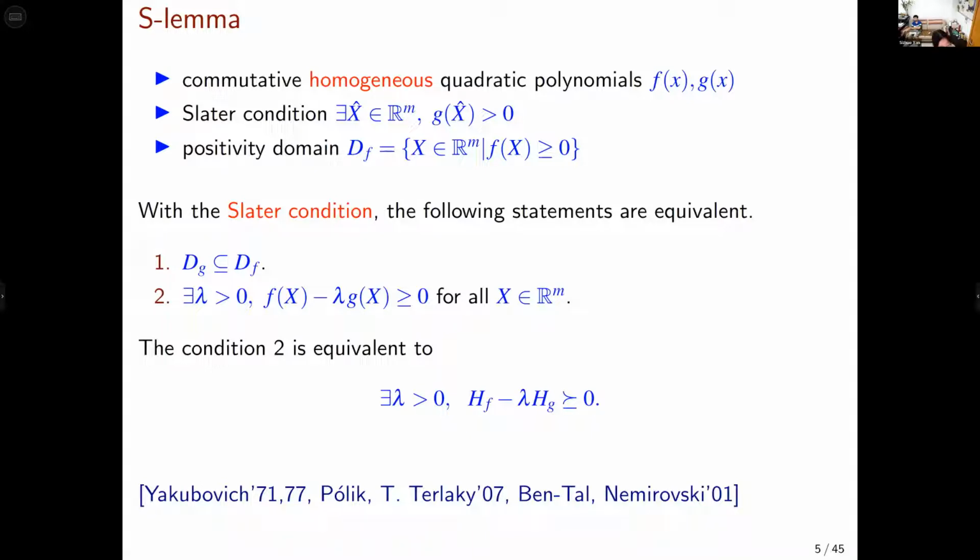Condition 2 is also equivalent to the condition that there exists a positive number lambda such that the coefficient matrix of f minus lambda times the coefficient matrix of g is positive semi-definite. So this is the S-Lemma for the commutative case, or classical case.